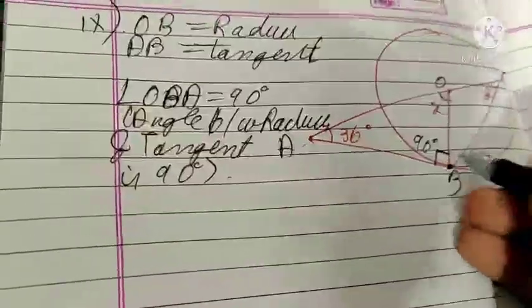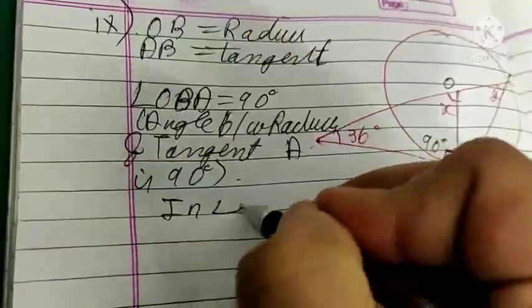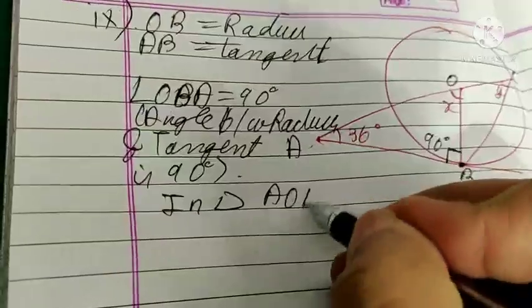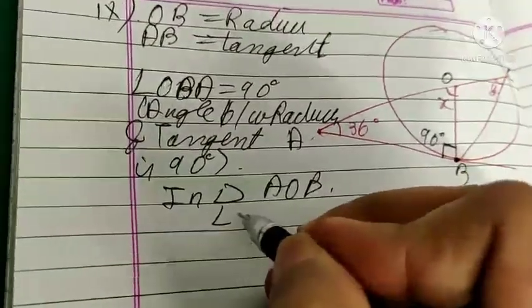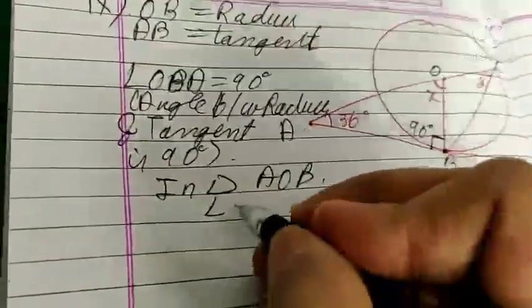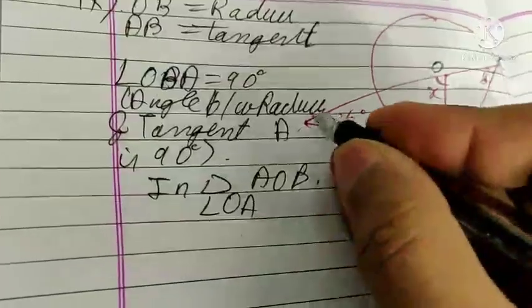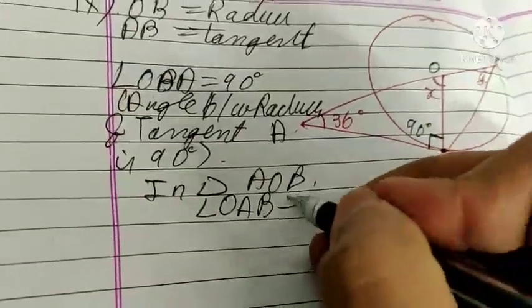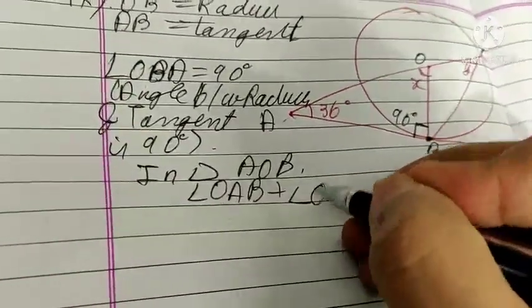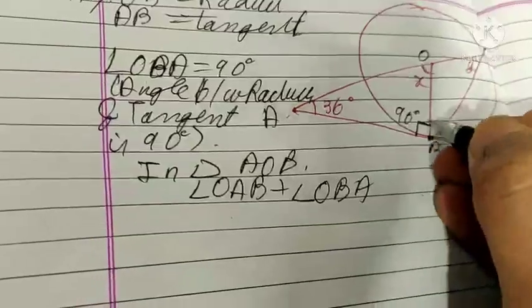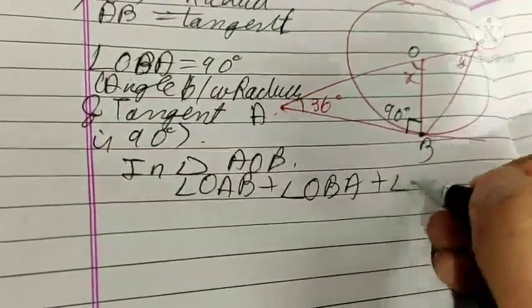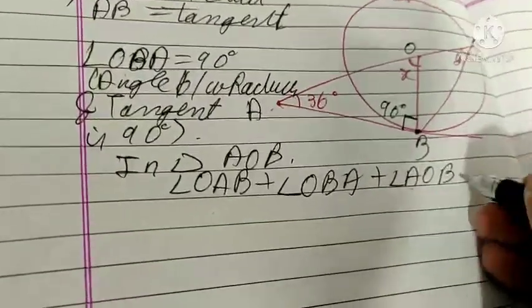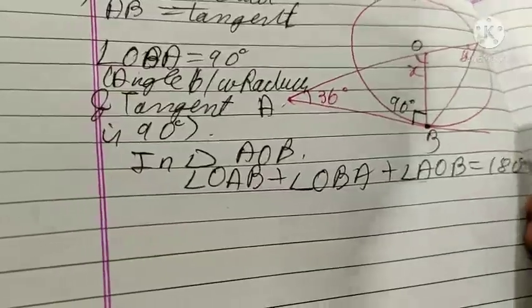Okay, so here in triangle AOB, angle OAB, this one, plus angle OBA, this one, plus angle AOB, which is X, is 180 degrees.